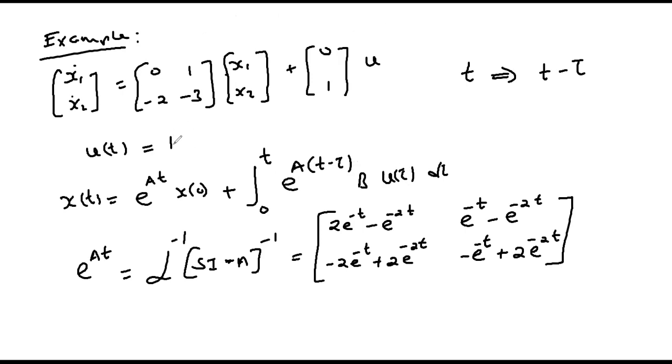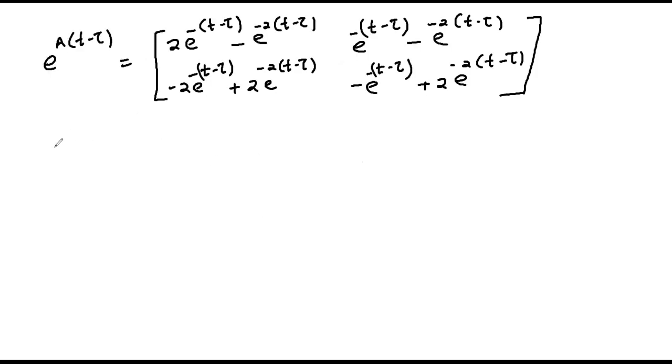Next, we need to determine exponential A into t minus tau multiplied by B and u. Our u is 1, so the multiplication by u will not change that. So we multiply that by B, which is [0; 1]. If we multiply this, this will be 0, and this will be this term times 1, then this 0 and this term times 1.